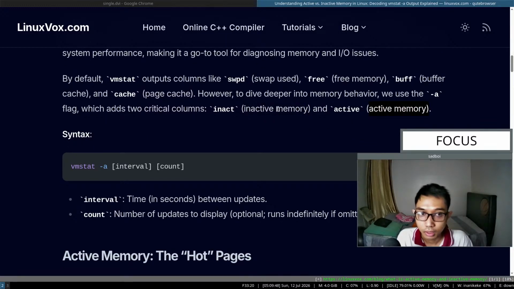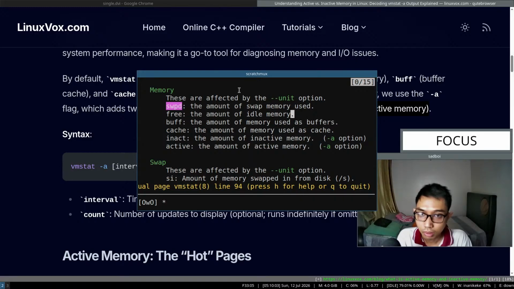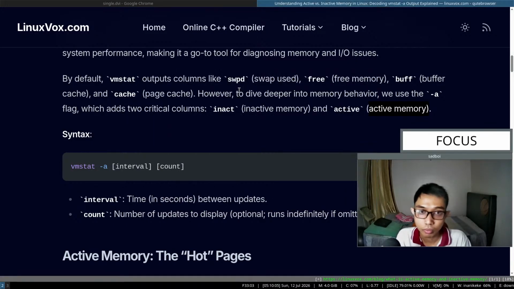I wonder if active memory is the same as the used memory, I guess. And also inactive memory. What is the difference between that and free memory?